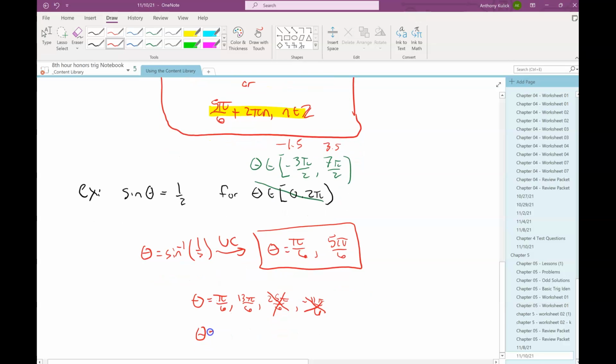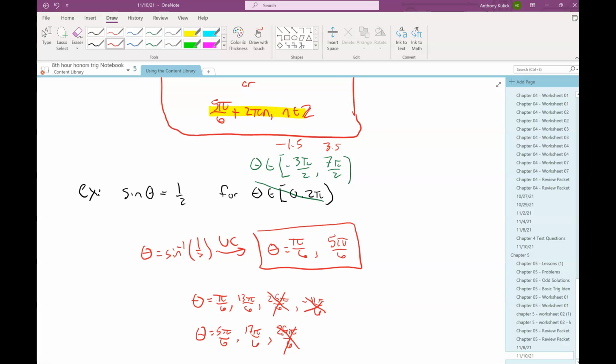Then I'm going to do the same thing with 5 pi over 6. So that's going to be 17 pi over 6. That's okay, right? That's 2 and 5/6. So that's okay. If I do it again, though, that's too big, right? That's over 4.